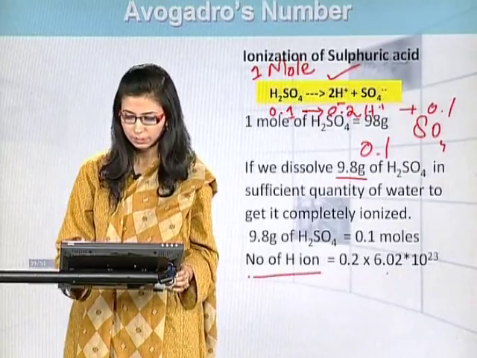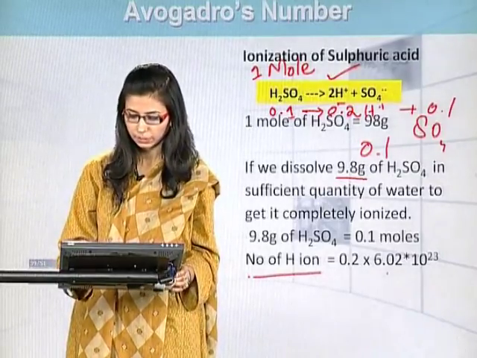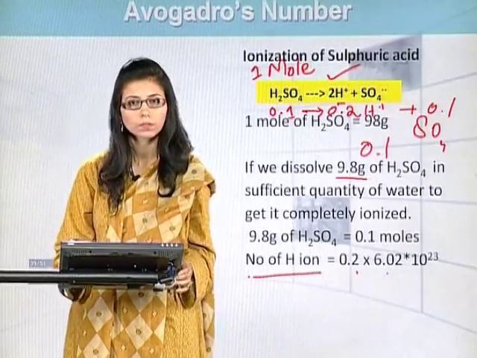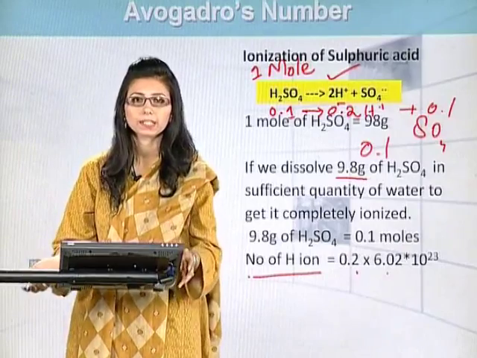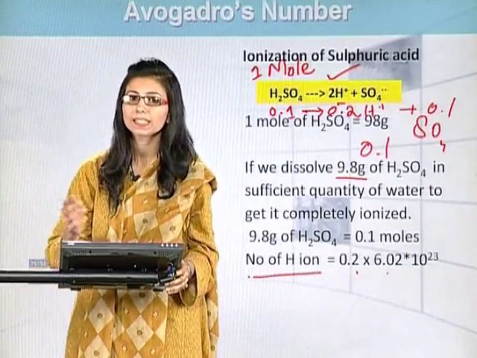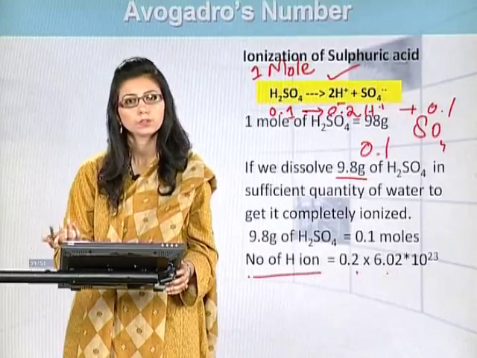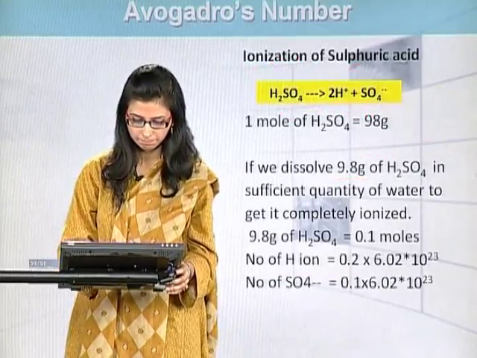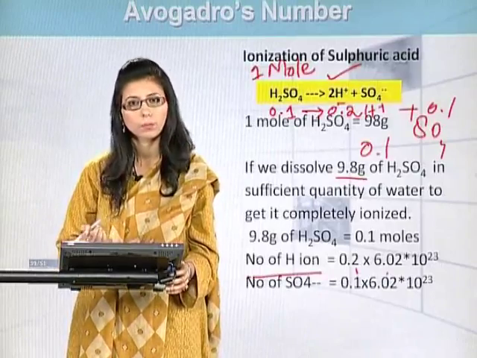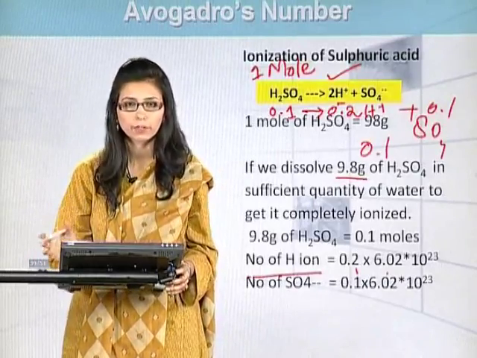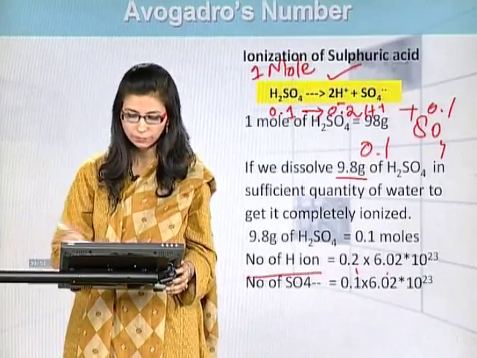Number of H positive ions can be determined 0.2 as from the balanced chemical equation into, मतलब number of moles को multiply कर दें Avogadro's number से. हमारे पास कितने number of moles हैं H positive ion के after hydrolysis of H2SO4? 0.2. Number of sulfate ions 0.1 into Avogadro's number give us the total number of sulfate ions after the ionization of sulfuric acid.